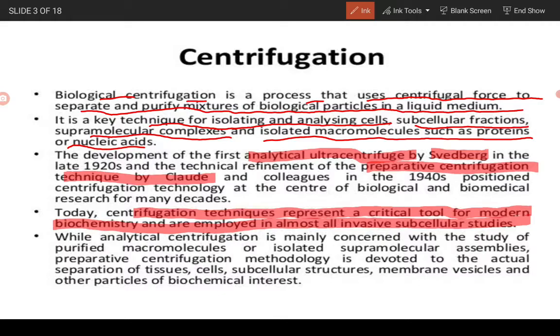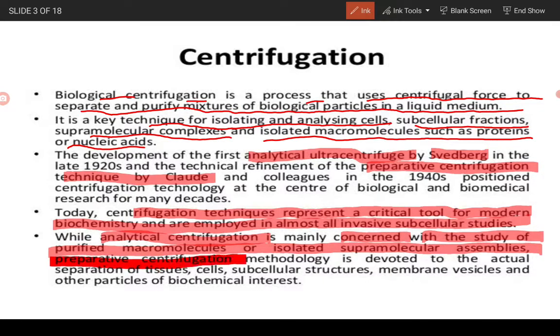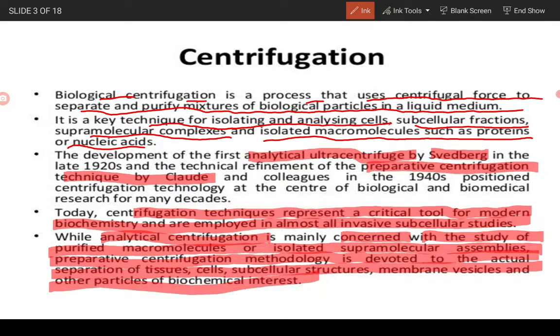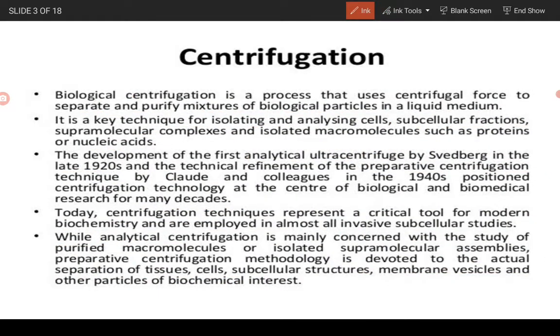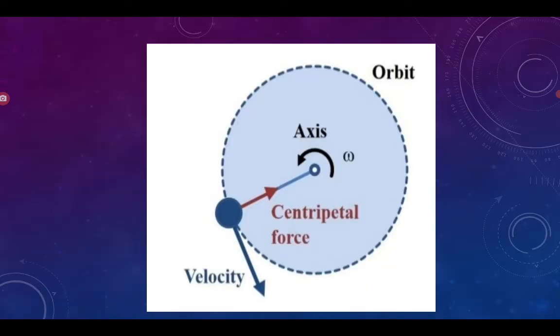Analytical centrifugation is mainly concerned with the study of purified macromolecules and isolated supramolecular assemblies. Preparative centrifugation is a methodology devoted to the actual separation of tissues, cells, subcellular structures, membrane vesicles, and other particles of biochemical interest. So that's about that, right?